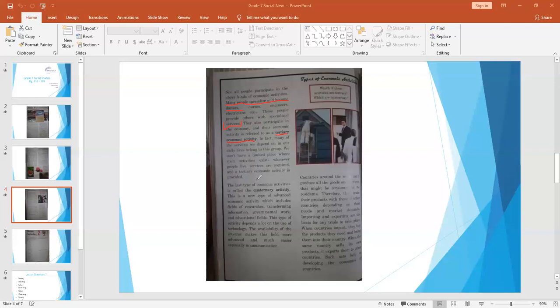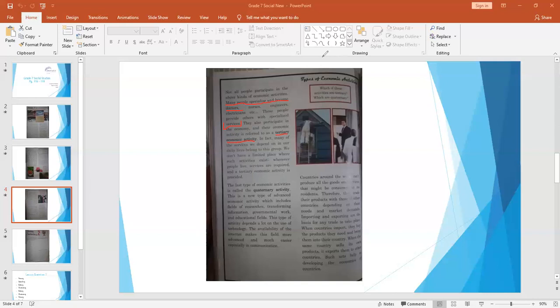We then have the last type of economic activity, which is called the quaternary activity. Underline quaternary activity. Let me get my annotation correct. Okay, I see it's on white. There we go.